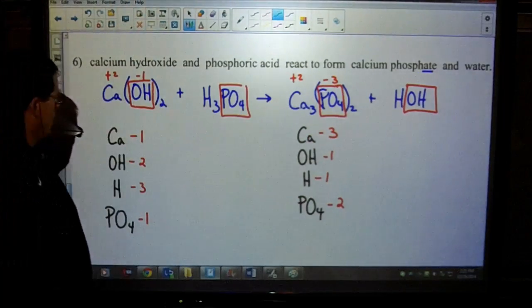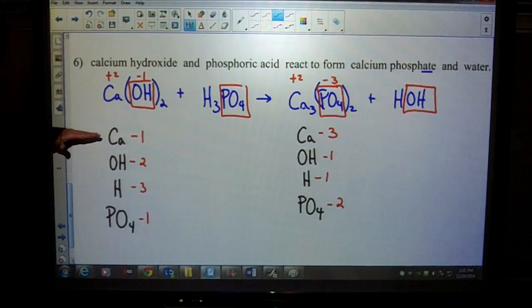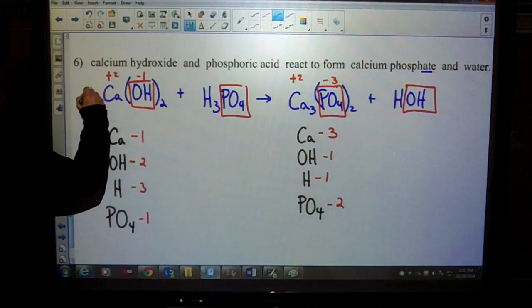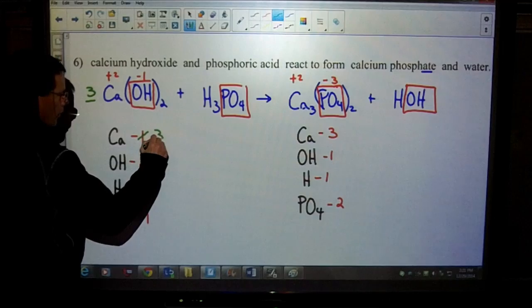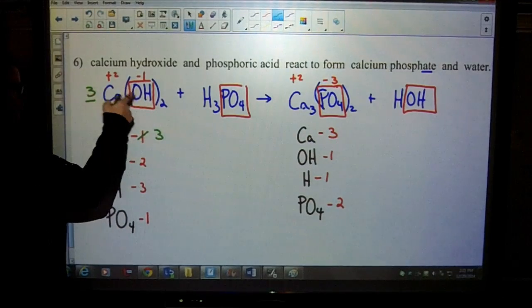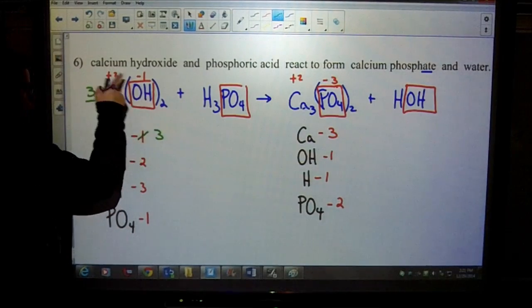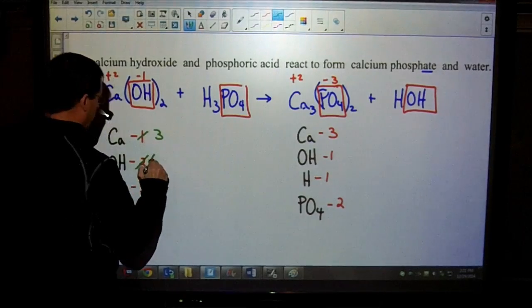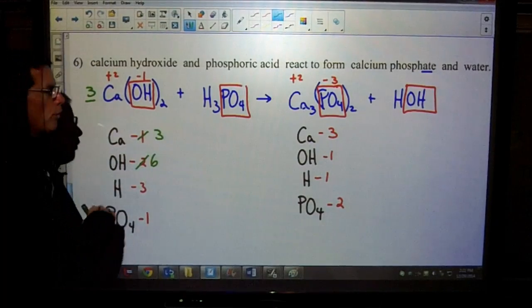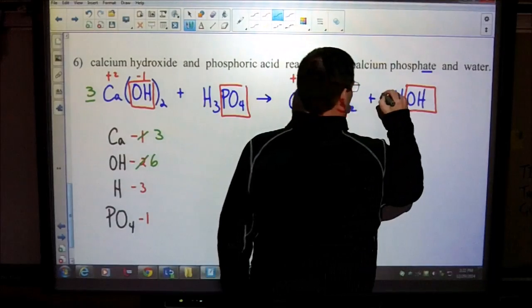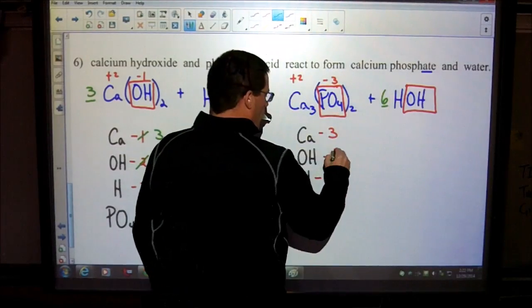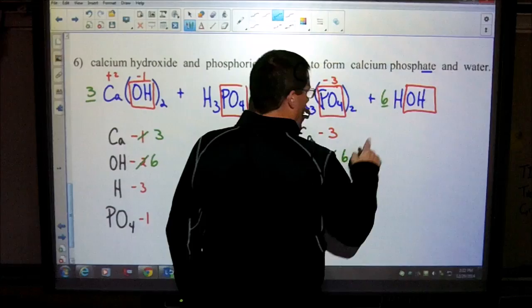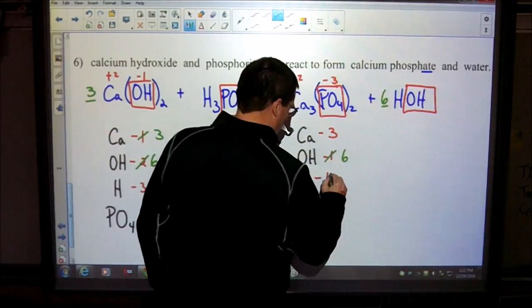Okay. All right, so calcium, I have 1, I have 3, so let's put a 3 there. That gives me 3 of those, and now I have 1 times 2 times 3, which is 6. So that means I need 6 hydroxides on this side, so I'm going to put a 6 there. So 6 times 1 is 6. Now I have 6 times 1 for the hydrogen.